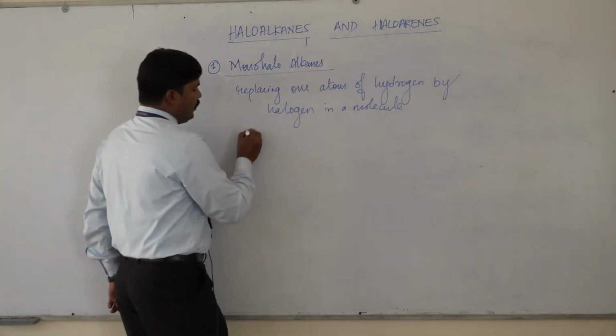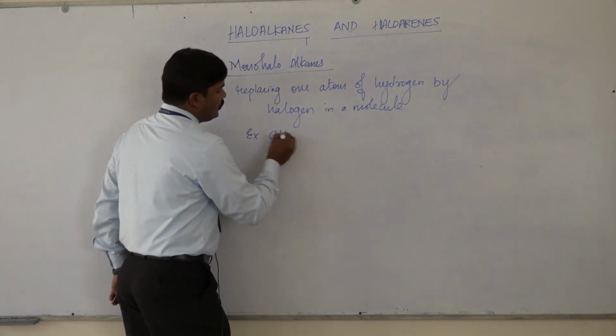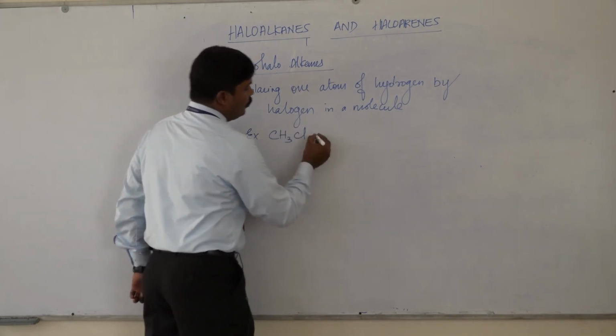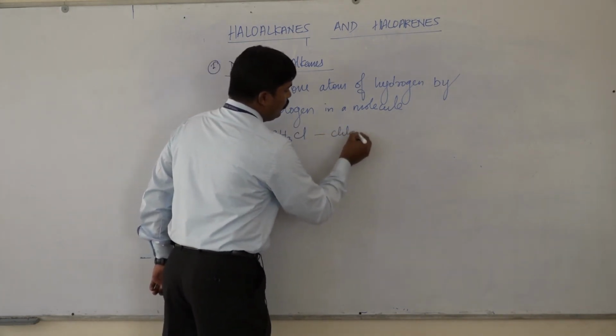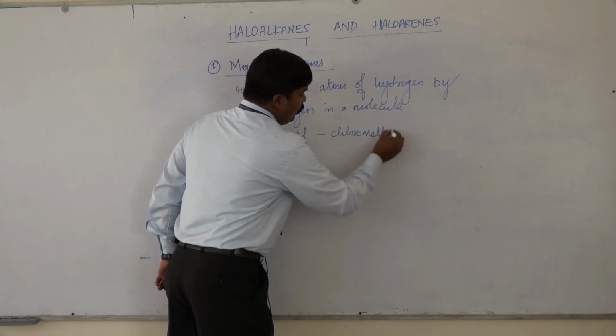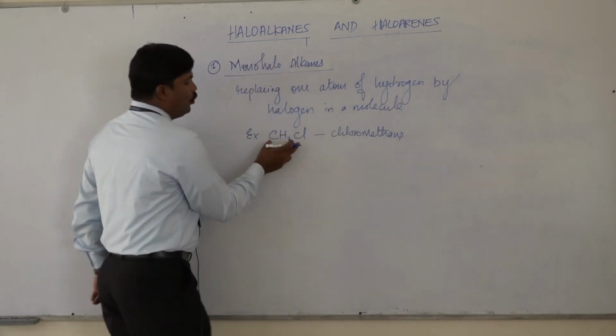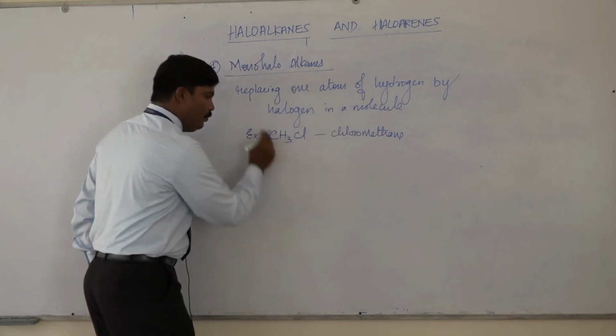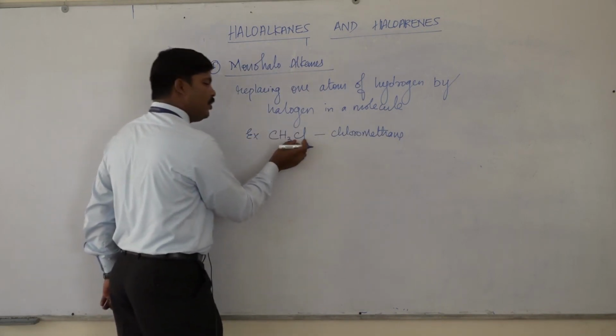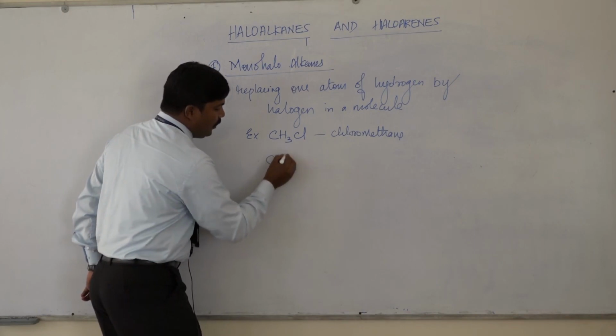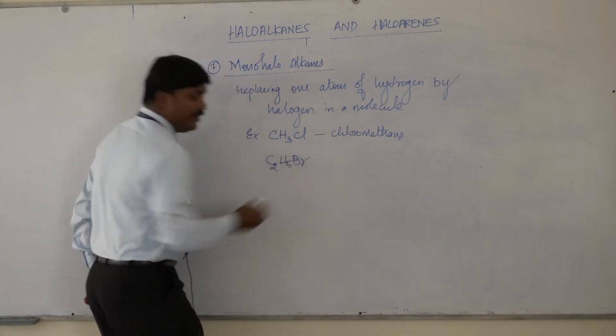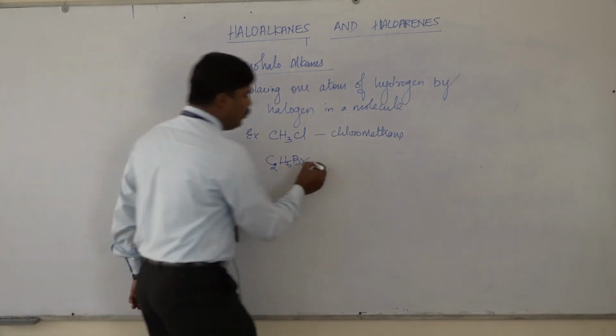For example, we can write CH3Cl. The name is chloromethane. This is called monohalogen because only one is there. In the whole molecule of CH4, I replace only one. If I take C2H5Br, it's called bromoethane.